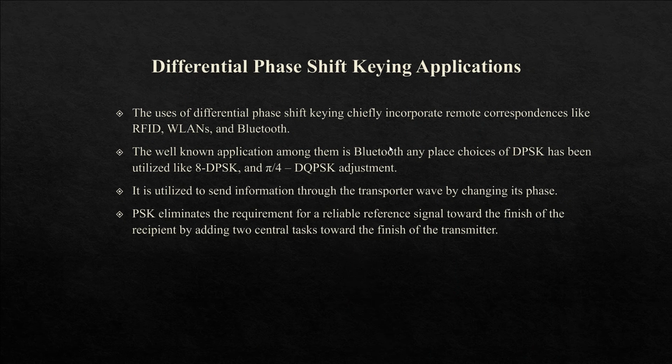It is used to send information through the carrier wave by changing its phase. DPSK eliminates the requirement for a coherent reference signal at the receiver end by adding differential encoding at the transmitter end.